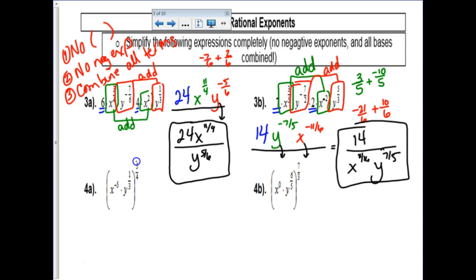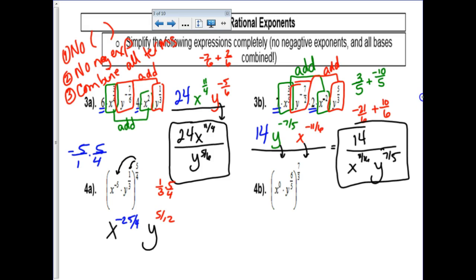Alright, here, we're going to distribute and multiply these exponents together. So, this is obviously still an x, but negative 5 times 5 fourths would be negative 25 fourths. Gross. Alright, and then y to the, and here we have 1/3 times 5 fourths, which would be 5 over 12.